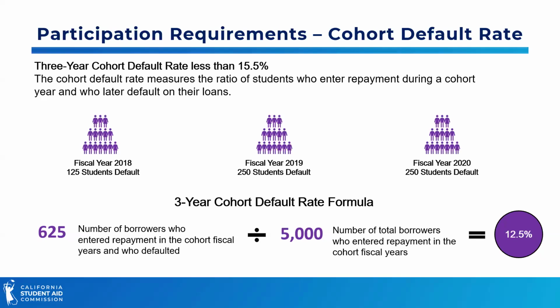Now, this is divided by the total number of borrowers who entered repayment during these years. That formula comes to a total of 12.5% cohort default rate. So again, as long as their rate is under 15.5%, the school can continue administering Cal Grant.